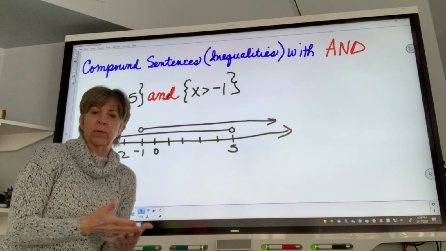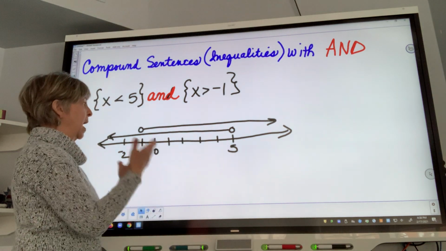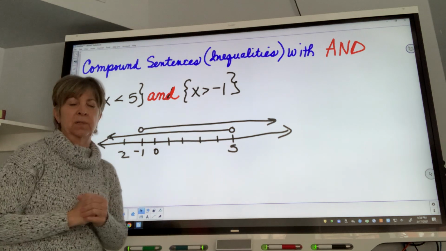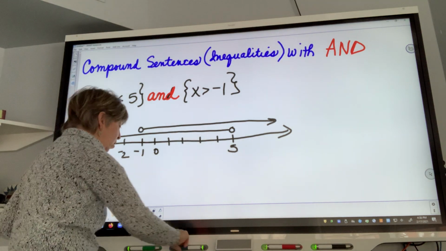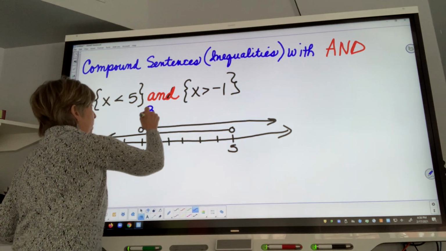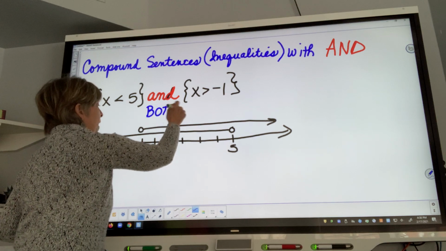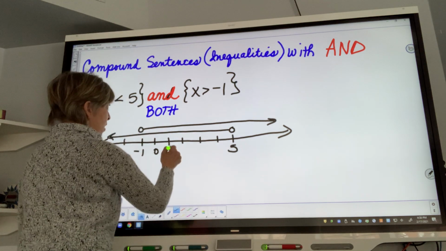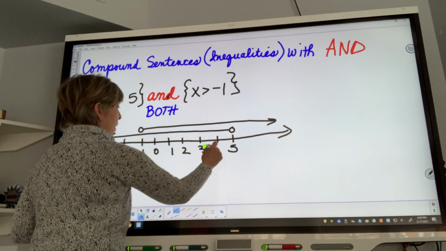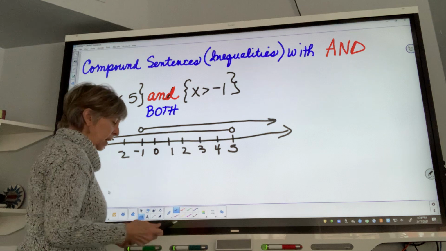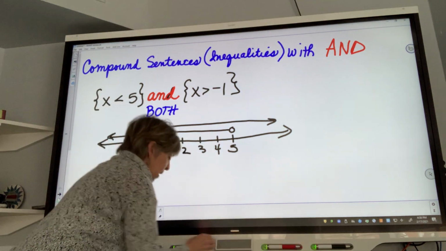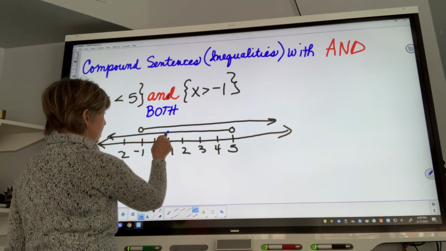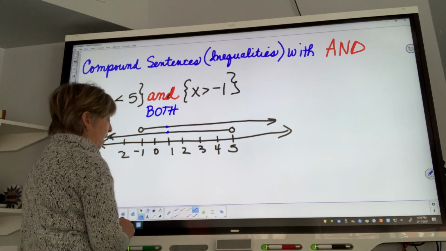So normally when I was in class, I asked the kids, name a number that's in both the top set and the bottom set, because remember, the key word here is both. One of the kids said, I used the same example, and he said 1. And I said, I agree, because I can see that the number 1 here is in this set and that set.